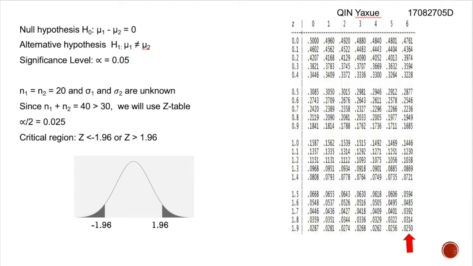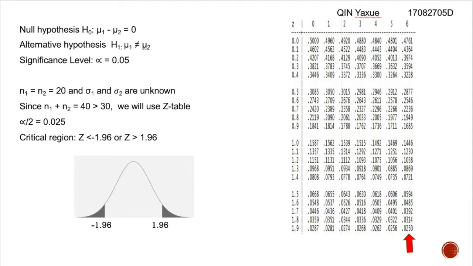We know from the question that the level of significance is 0.05. We know that the sample sizes of buyers and non-buyers are 20, and we don't know sigma 1 and sigma 2. But the sum of the sample sizes, 20 plus 20, which is 40, is larger than 30.